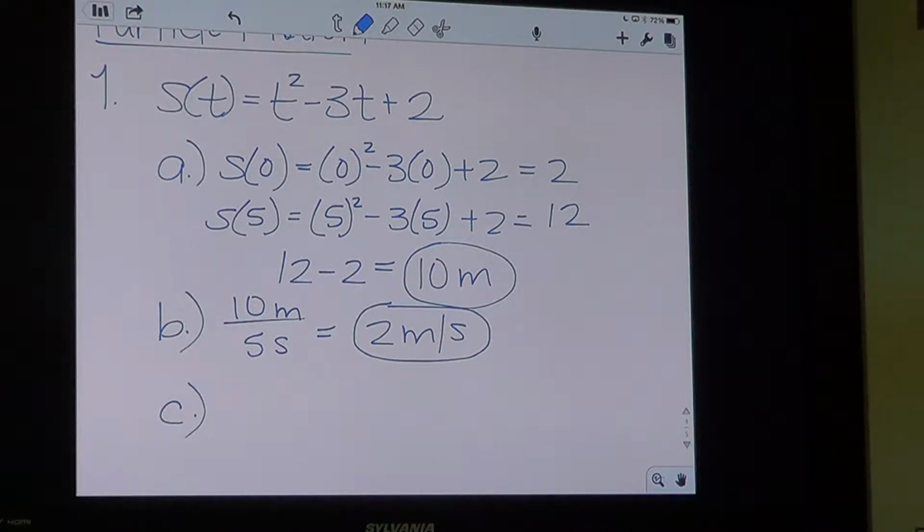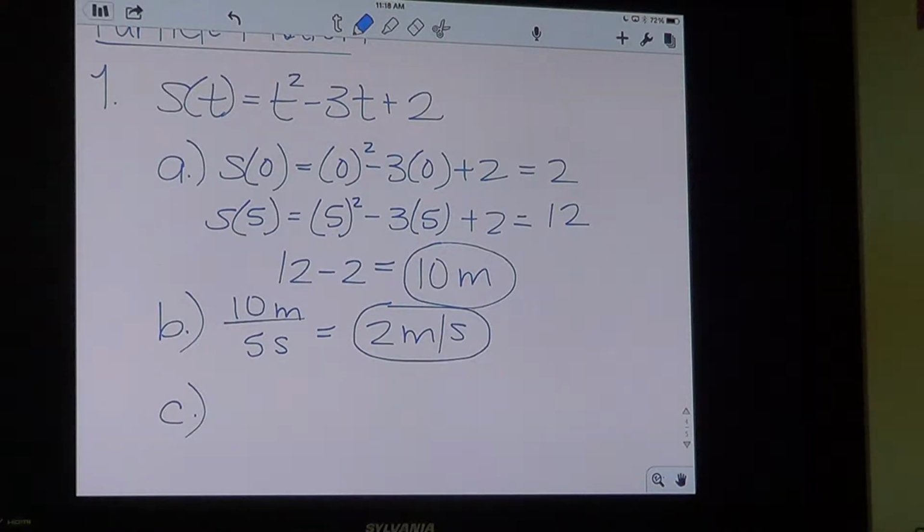But now they say find the instantaneous velocity when t equals 4. So instantaneous velocity means what? It means what is the velocity at that exact point in time.